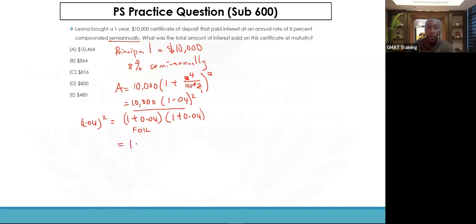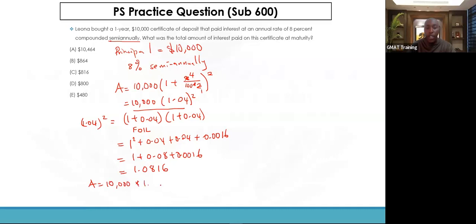The first value is 1 squared, plus the outer value is 0.04, the inner value is 0.04, and the last value is 0.0016 with 4 decimal places. Add this together, this is 1 plus 0.08 plus 0.0016. This adds up to 1.0816, right?